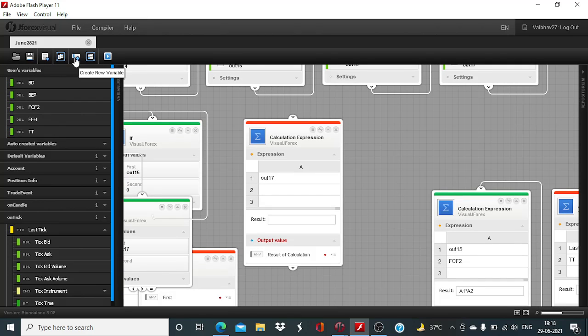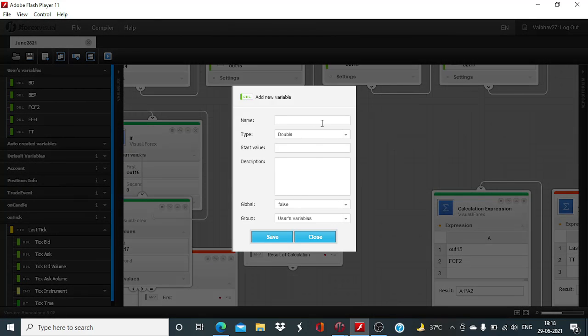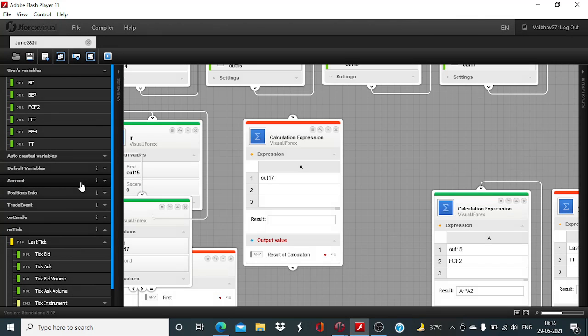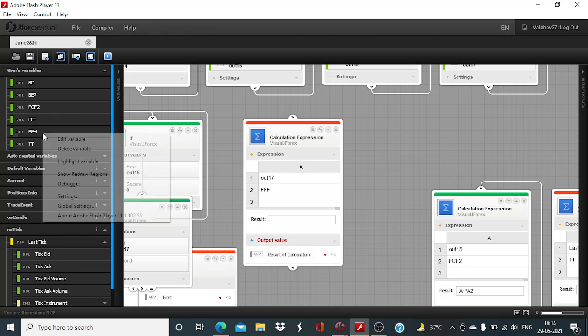So again, a new variable needs to be created. This has value of 2.